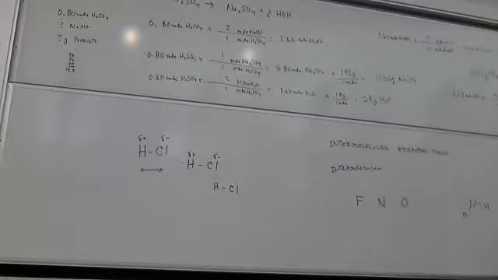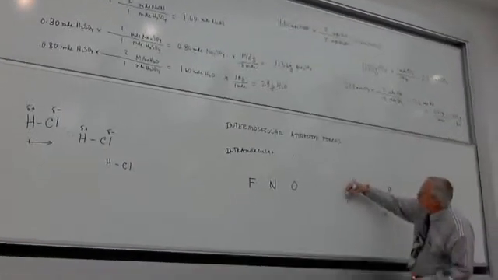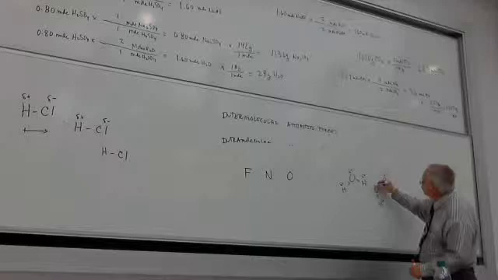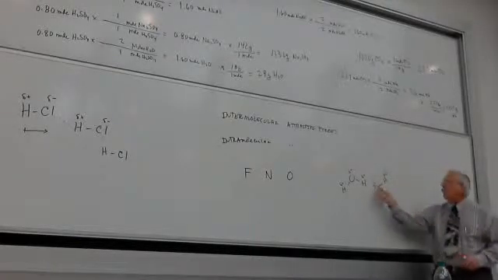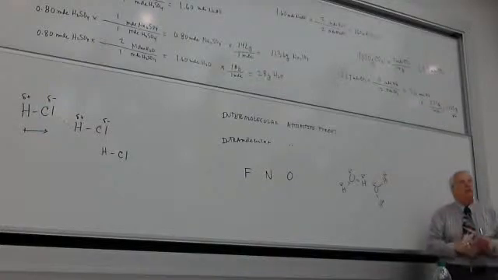And if hydrogen's involved, let's take my favorite molecule, water. If hydrogen's involved, hydrogen is also the smallest of all atoms. So if I've got 2 water molecules here like this, the oxygen parts are going to be the negative parts. The hydrogens are going to be the positive parts. So I get positive, positive, negative. Is there an attraction between the positive of one and the negative of another? Yes.